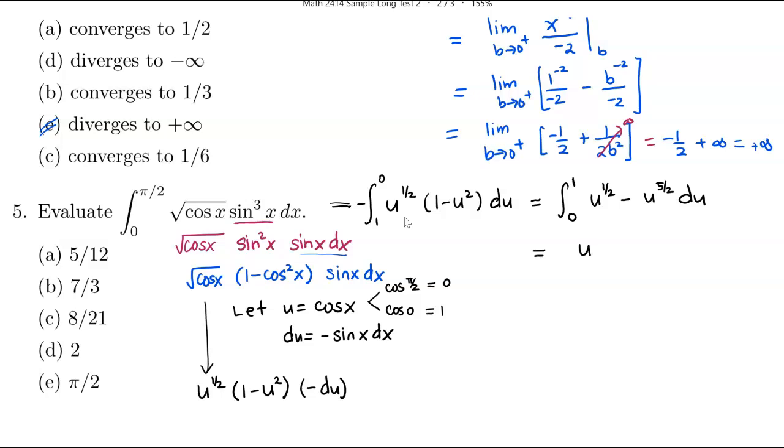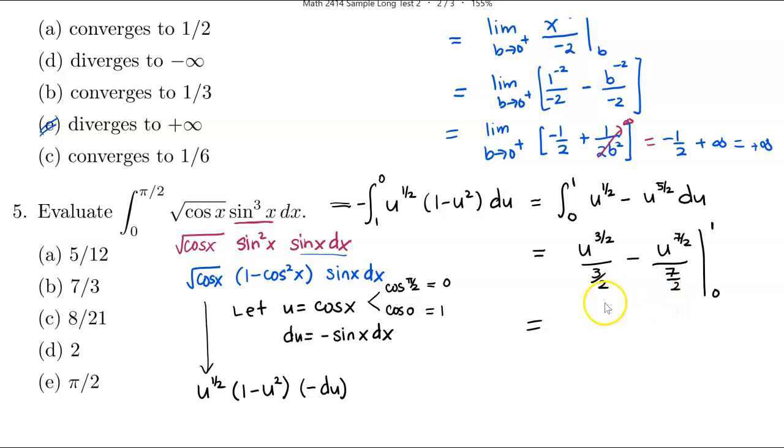So you will have u to the 3/2, you add 1 to 1/2, that makes it 3/2, divided by 3/2, minus u to the, you add 1 here, that makes it 7/2, divided by 7/2. Then evaluate it from 0 to 1.